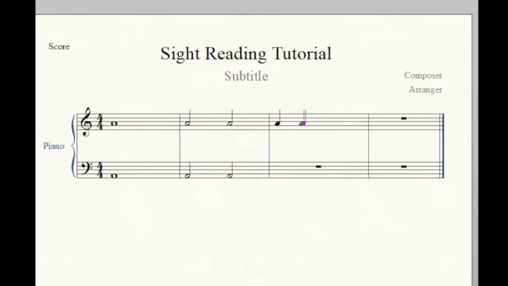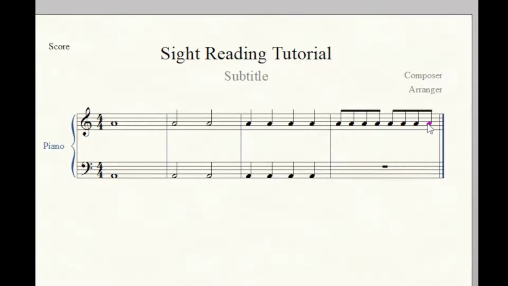You could fit 4, hence quarter notes. And the same goes down here in the bass clef. And you have eighth notes. You can fit 8 eighth notes in a measure. And the same goes down here.